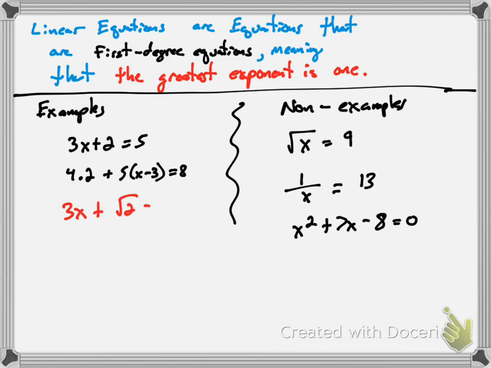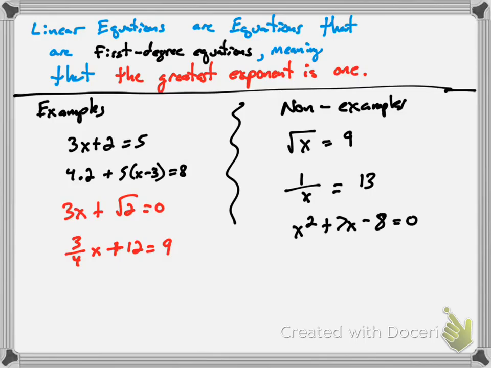Another example, we could have 3x plus the square root of 2 equals 0. It's okay to have the square root of 2, as that's not an x that you're taking the square root of. Technically speaking, you could have had the square root of 3 times x plus the square root of 2 equals 0, and that would still be linear.